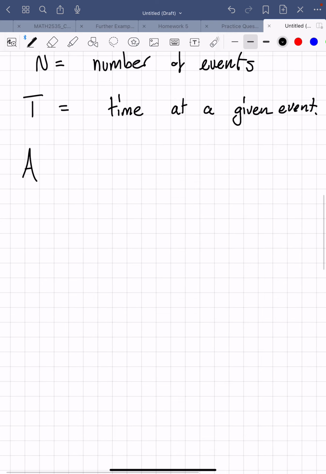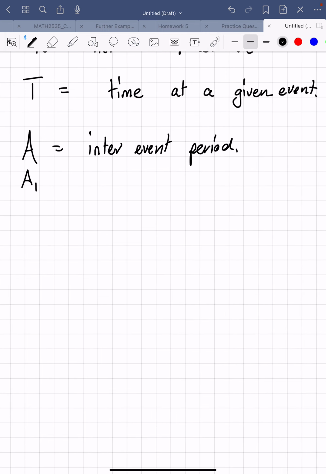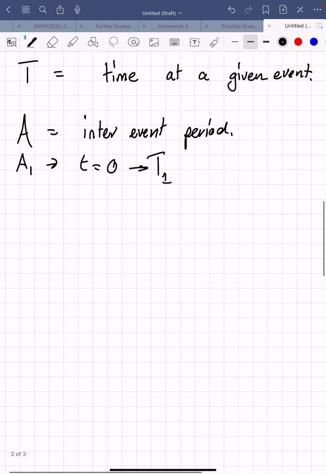And then we also have A, which is an inter-event period. In the notation, A_1 is between the start of our time, so between t equals 0 and the time at our first event, the time period in between those.